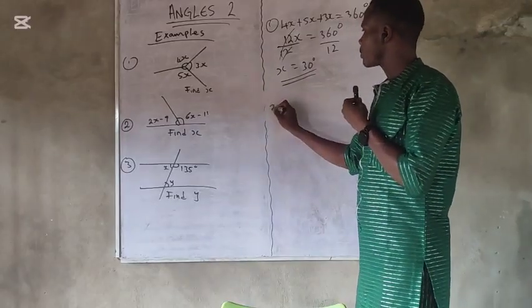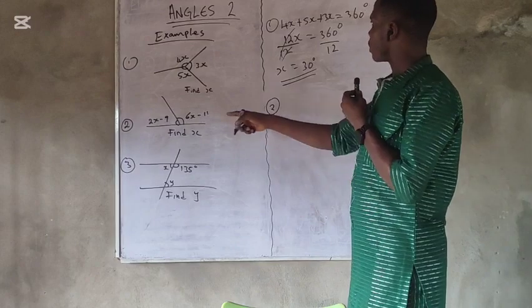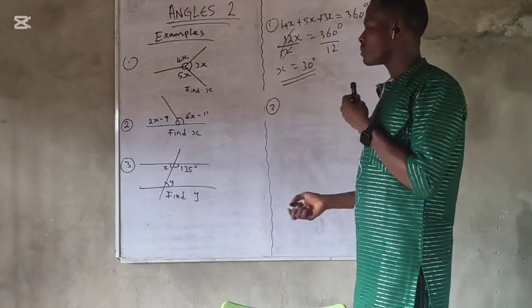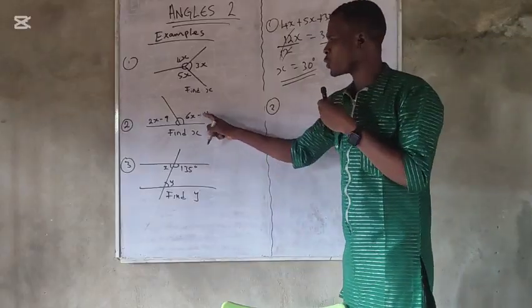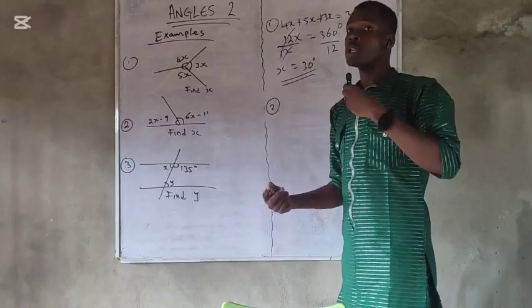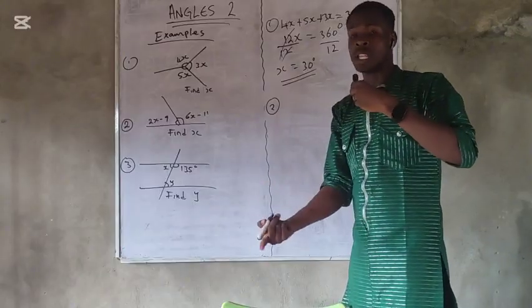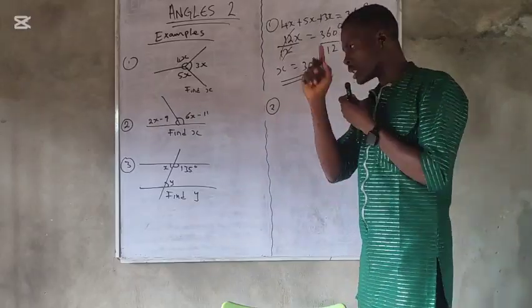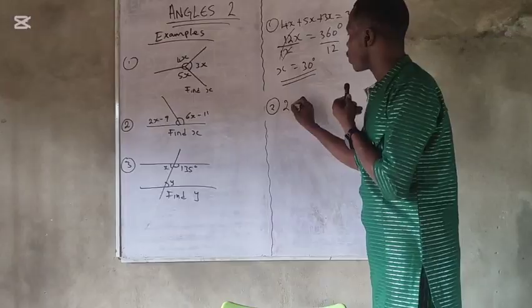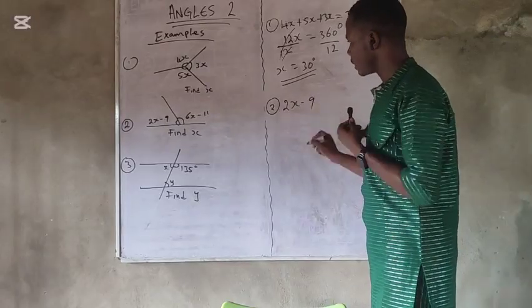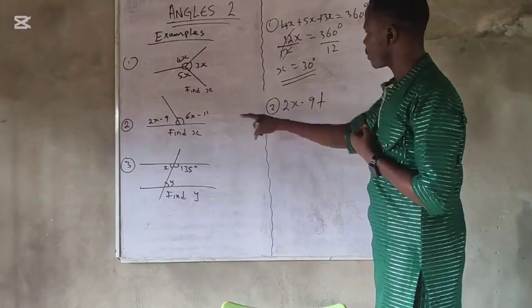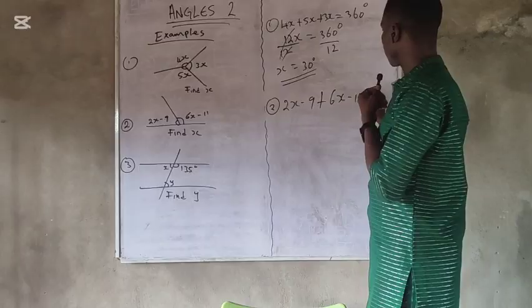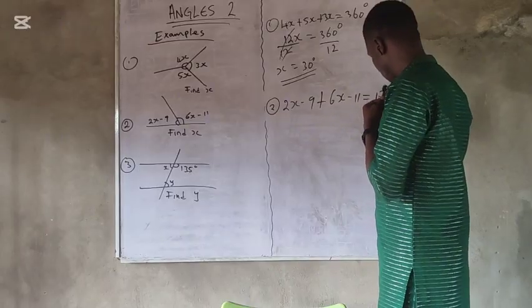Then the second question, this is very simple as well. Since we already know that angles on a straight line sum up to 180, that is to say they are supplementary, we just have to sum everything together and equate it to 180. Let's get to work. So this is going to be 2x minus 9 plus everything here, 6x minus 11 equal to 180 degrees.